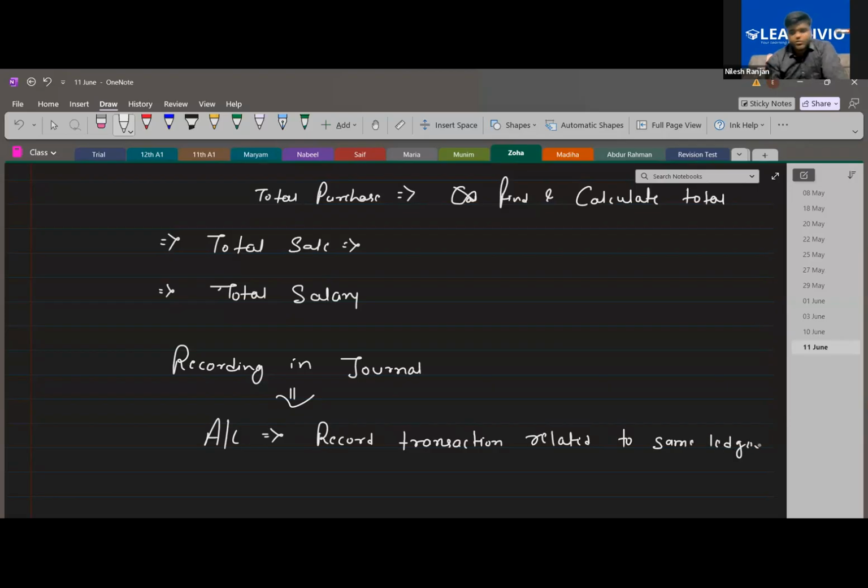So that is what we are doing in ledger. This is called the classification part.